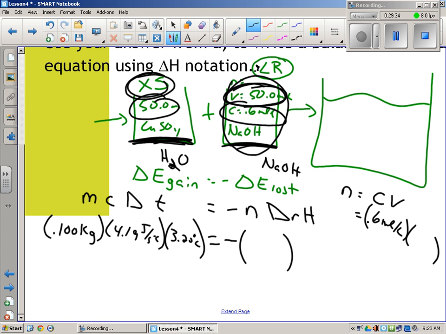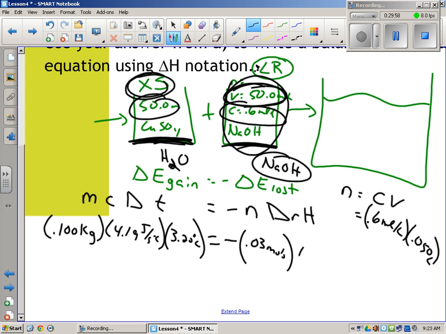No, I got 50, right? This is the sodium hydroxide side, yes? This is the water side. Those two are separate from each other. I have 50 milliliters of sodium hydroxide, therefore 0.050 liters, yes? Change it to liters, of course. 0.6 times 0.05 is what? 0.03 is what I'm going to put in here.